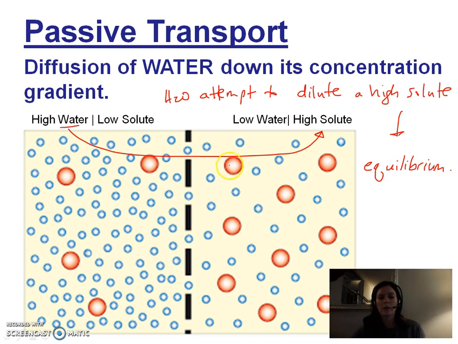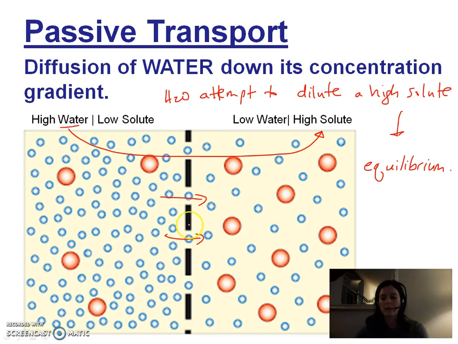Okay? Now, solute particles can't always cross a membrane. It really depends on the type of protein channels or carriers that are present, or it depends on if these molecules are able to utilize simple diffusion and pass through the membrane anytime they want to. But a lot of times these solute particles can't pass through anytime they want to, and water is always the molecule that can move through our membrane.